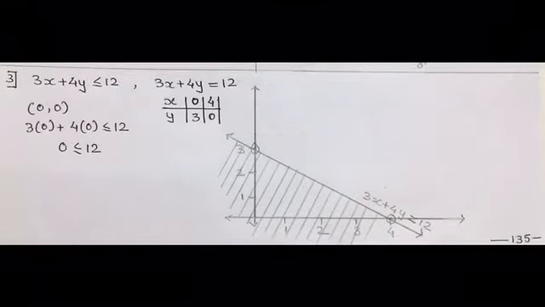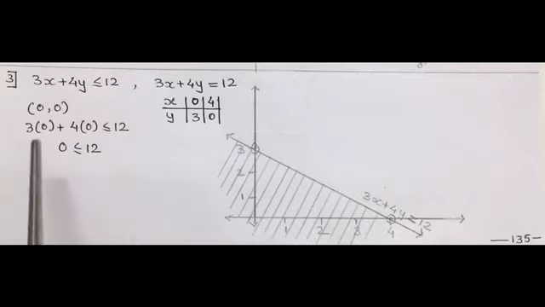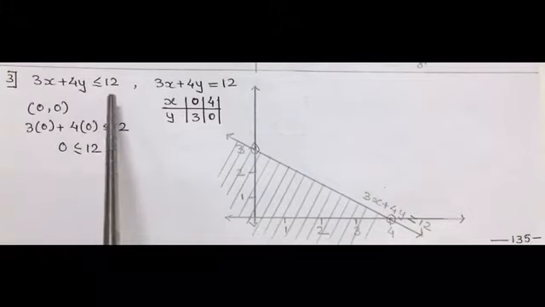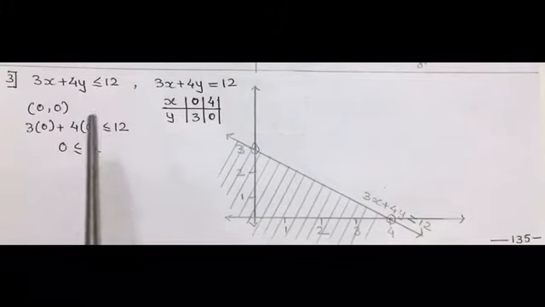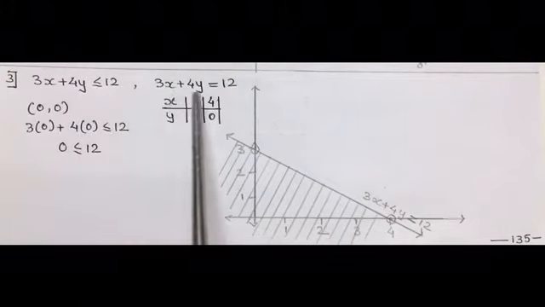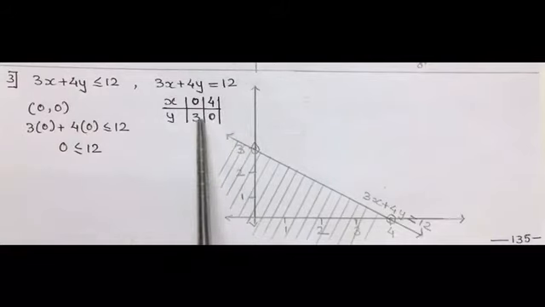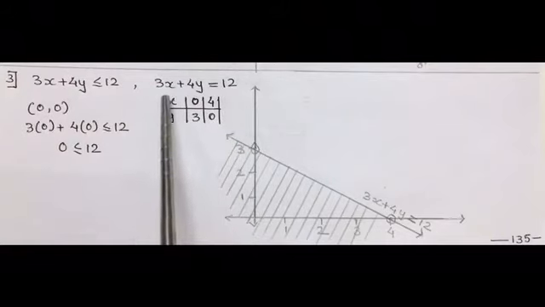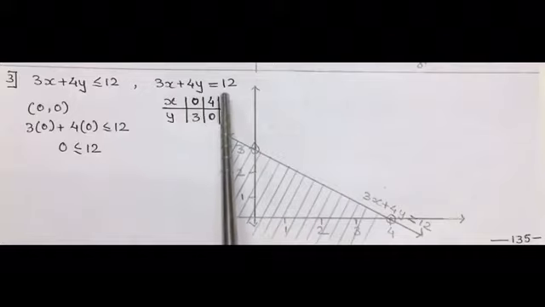The third example is 3x plus 4y less than or equal to 12. Now to plot the graph or the points, we will make it 3x plus 4y equal to 12.